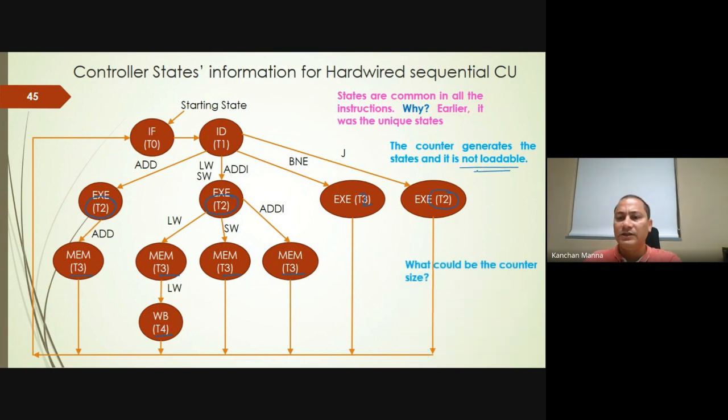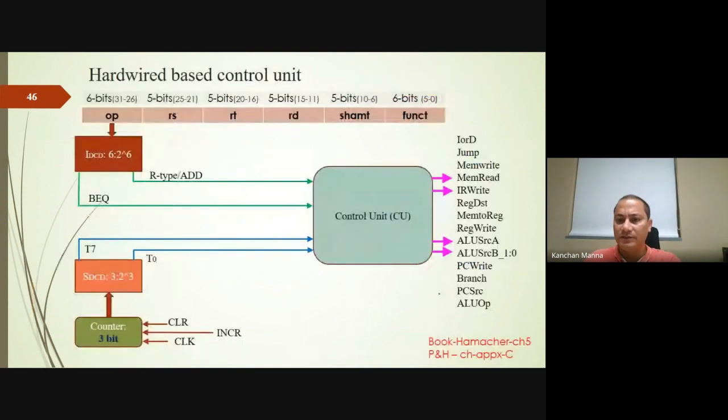Then what would be the counter size? Here we have the maximum T4, and we have started from T0. So 4 means we need only 3 bits, a 3-bit counter. You can see here we have the 3-bit counter.